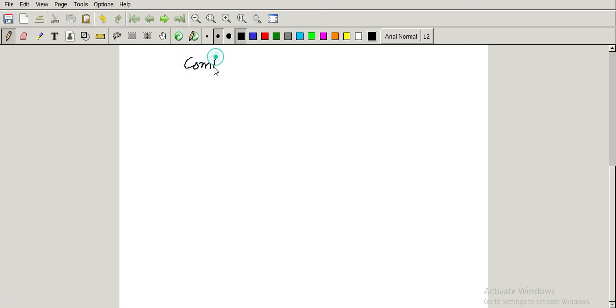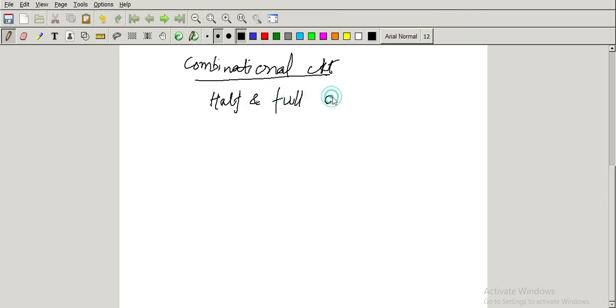Any of the combinational circuits can be asked in your examination, like half adder, half and full, both adder and subtractor, which are so easy to draw the diagram and the equation.